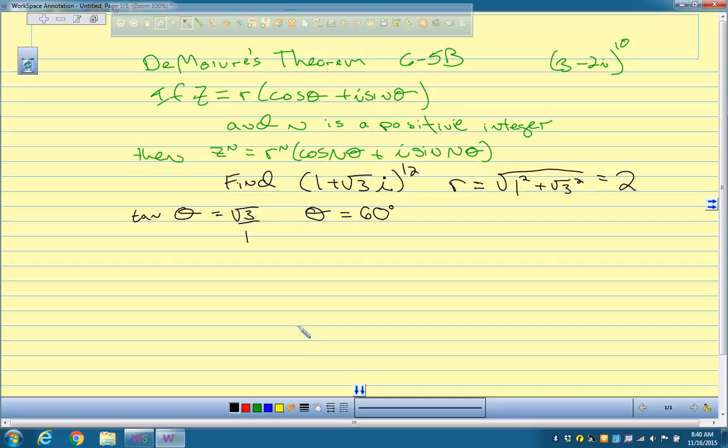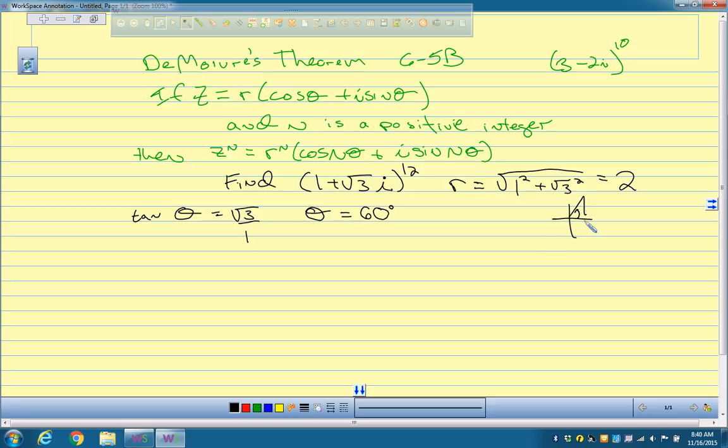Yes, ma'am? So wait, you don't have to subtract that from 360 then? No, well, it's already in the first quadrant, right? You only have to subtract it if you're trying to find, like when you take an inverse tangent, right? Well, it depends where it is. So if these were both negative, tangent is also positive root 3 down here, right?